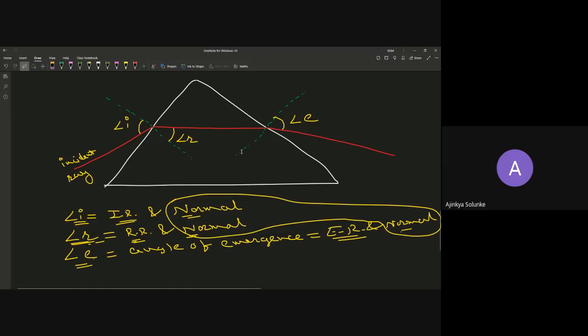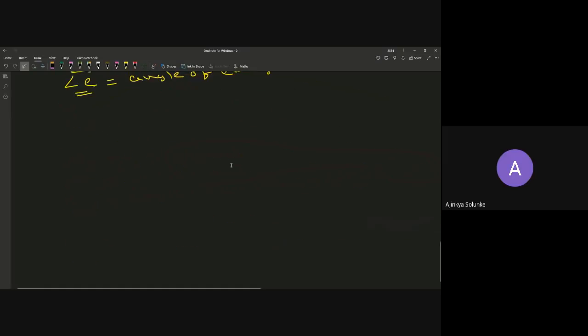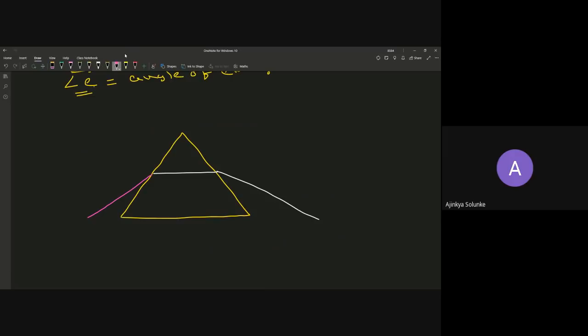Now there is one more angle which they can ask you, and that is the angle of deviation. Let us try to understand what that is, because that is something very new. So what was the original path?